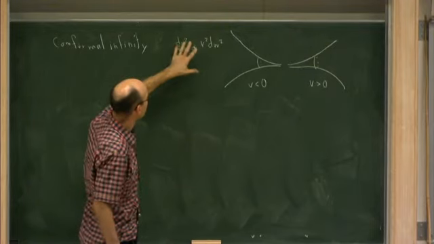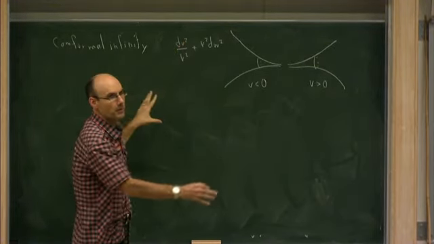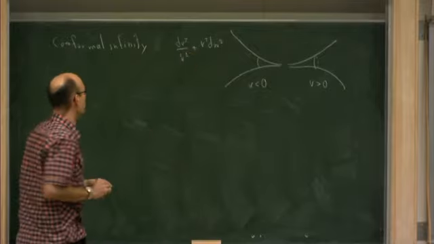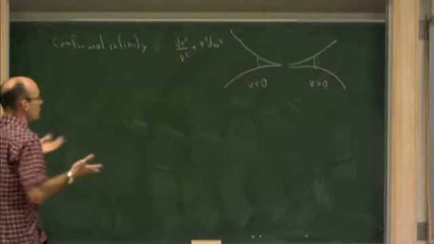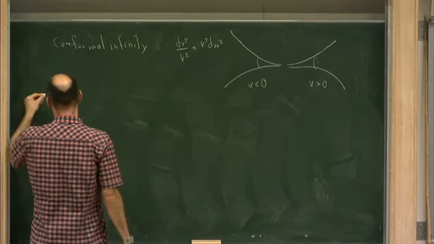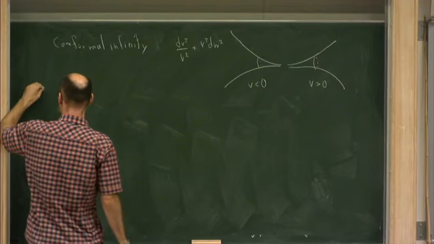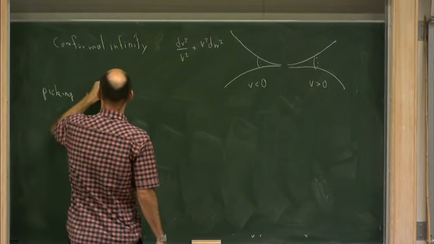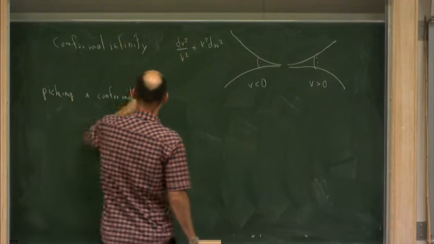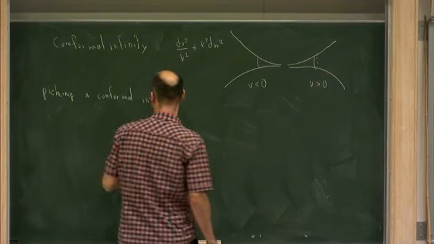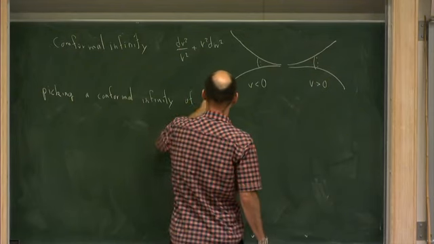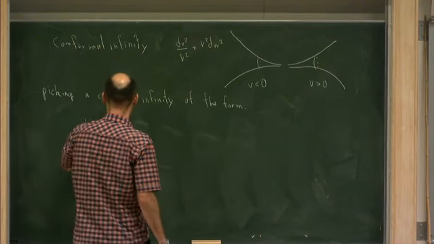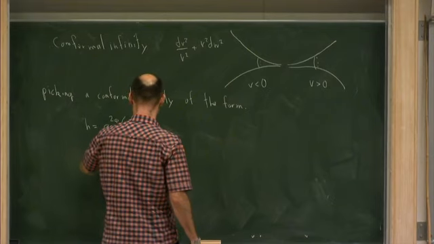But if you choose these coordinates, when you try to solve globally to get a hyperbolic metric, you might end up with a conformal factor there to make it hyperbolic globally. And so that's sort of a motivation to look at conformal infinity of the form h equal to e to the 2 phi times this metric.